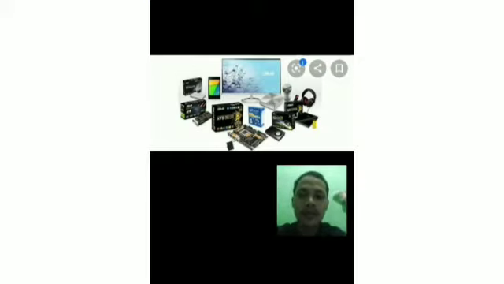Here I will explain a little about how to assemble a computer properly. To assemble a computer, we have to prepare the tools and materials needed to build a complete computer.